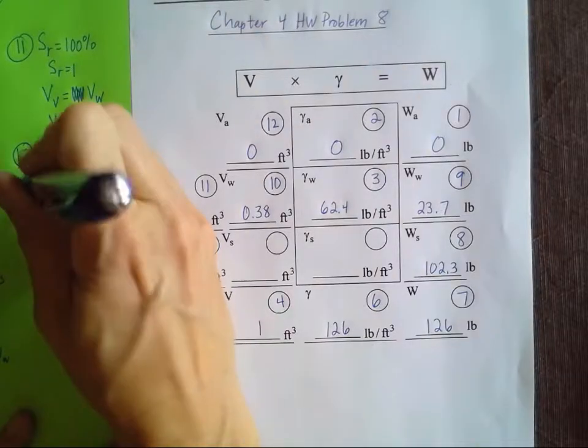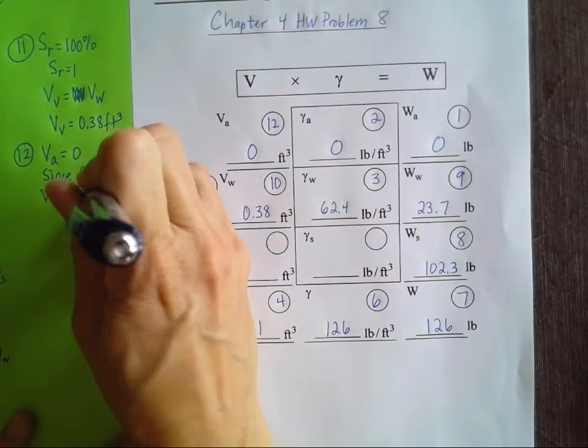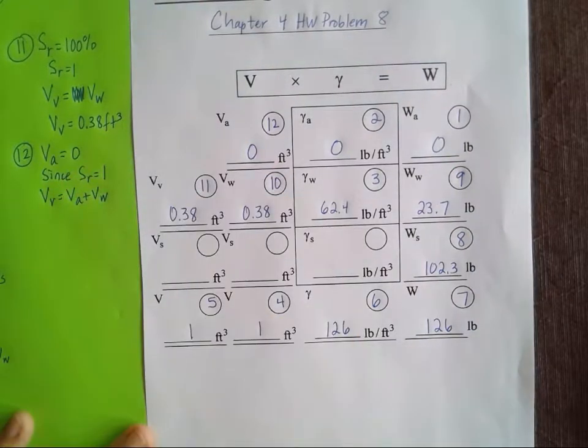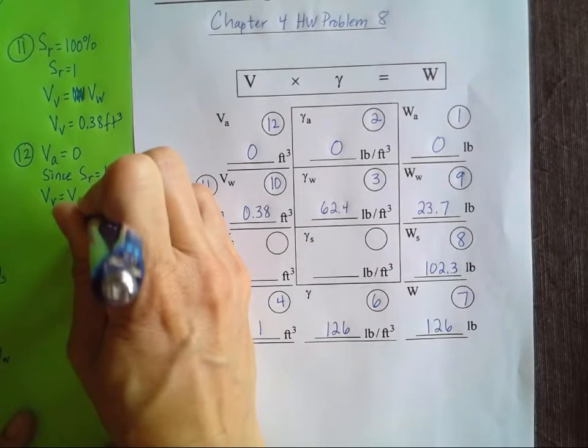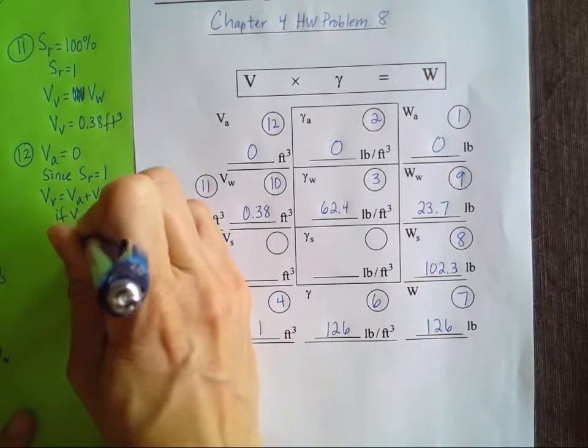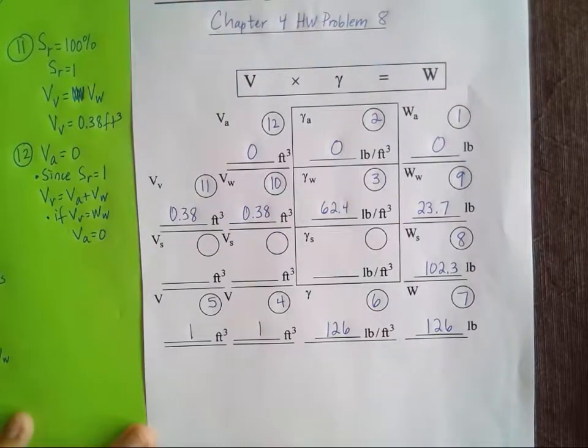Or you could say volume of voids equals volume of air plus volume of water. Okay, and if volume of voids equals volume of water, volume of air equals 0. So a couple different ways you could justify that.